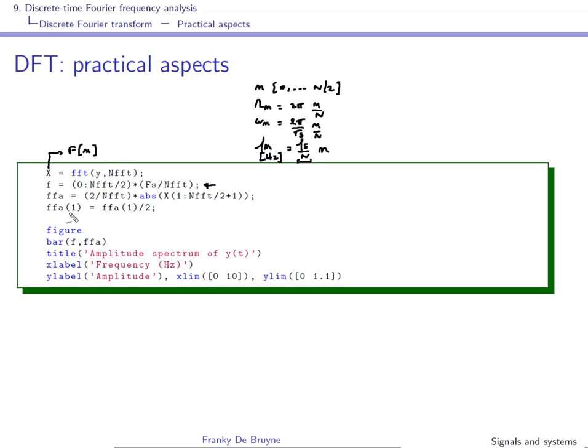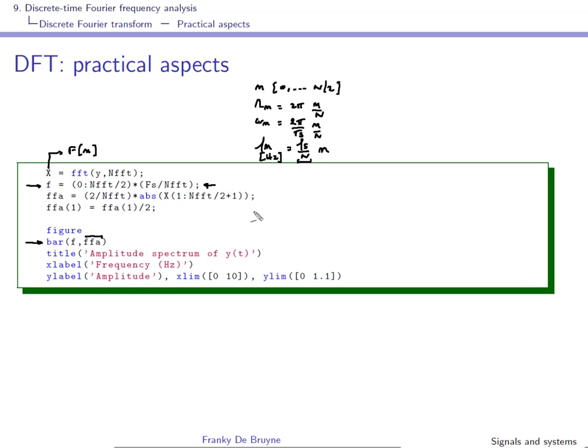So we take the first element in the vector over here and we divide it by 2. So now everything is ready. We have the frequency vector, we have the vector with the amplitude spectrum, and we can plot it as usual using, for instance, the bar command or the stem command.